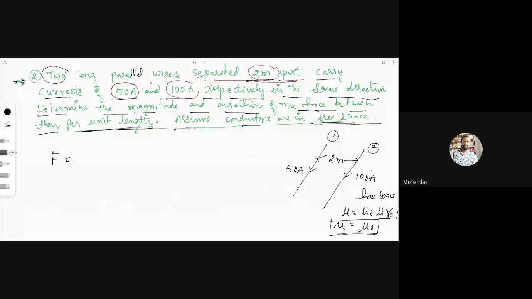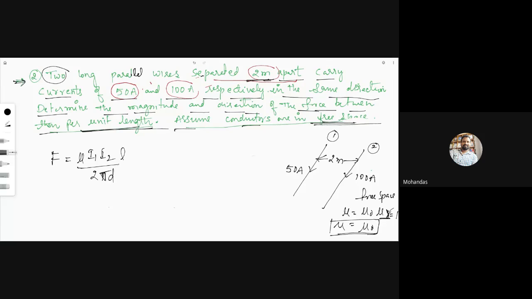F equals mu into I1 I2 by 2 pi d into length L. We derived this in the previous class. This is the magnitude. I have sent the material also, a screenshot of the notes. I don't know why the students are not referring to those things.